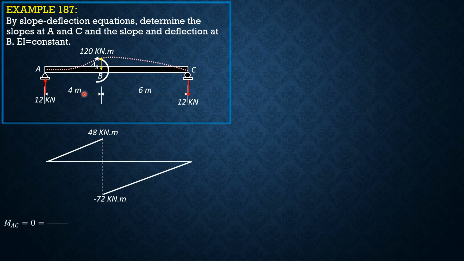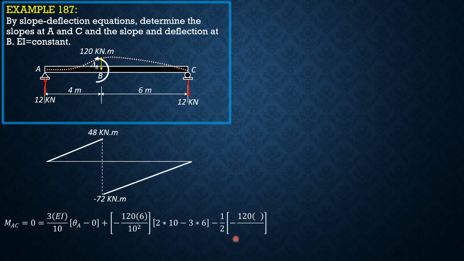So MAC, which is 0, equals 3EI over L, 10, quantity theta A minus 0, plus negative 120 times B over L square, quantity 2L minus 3B, and minus 1/2 fixed moment at C, which is negative 120 because this is counterclockwise, times A, which is 4 over L square, 2 times L minus 3A, 3 times 4. The value of this is negative 14.4, while this one is 19.2.